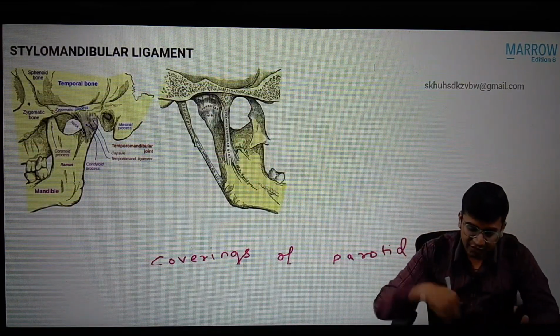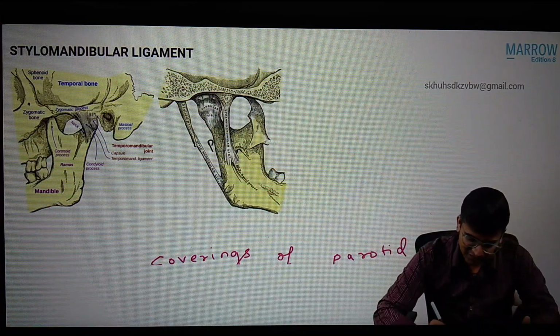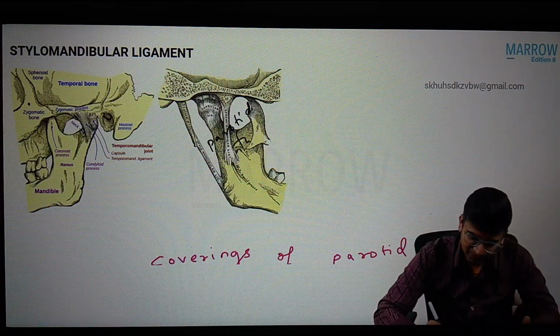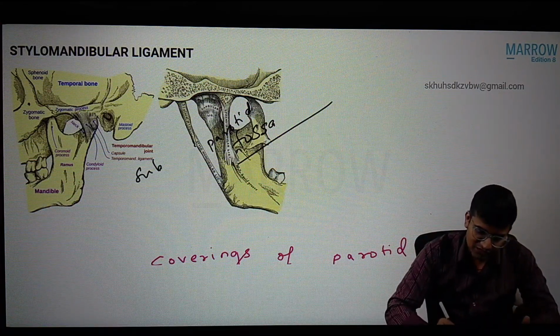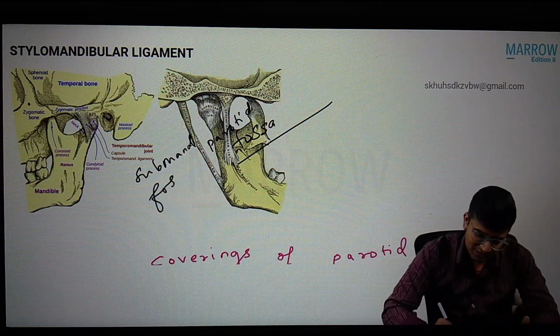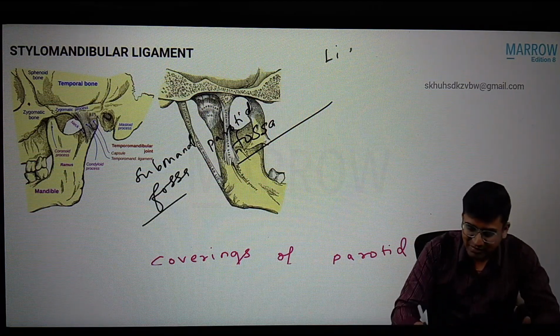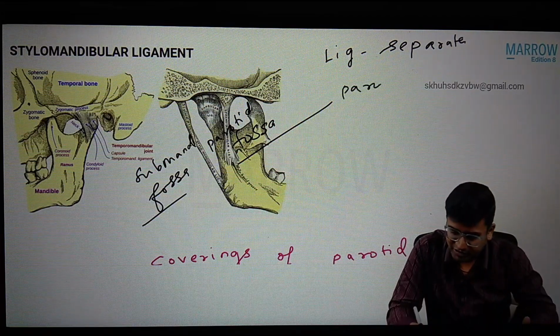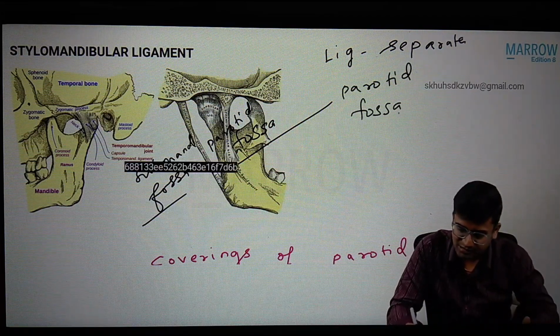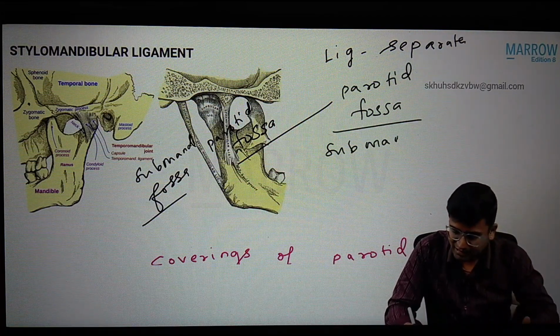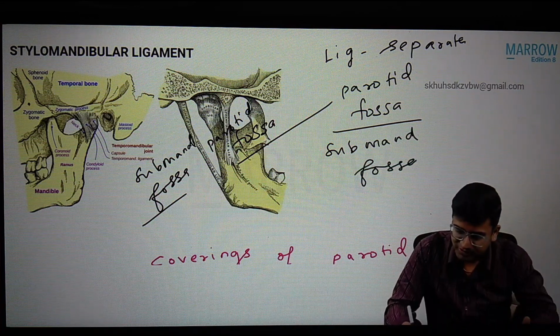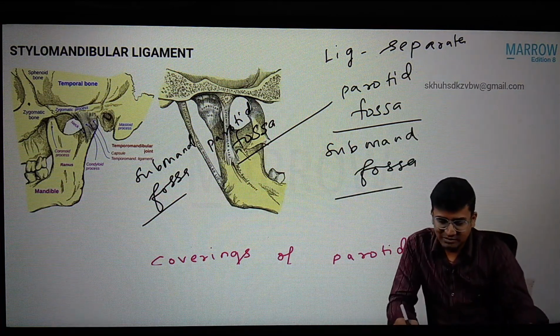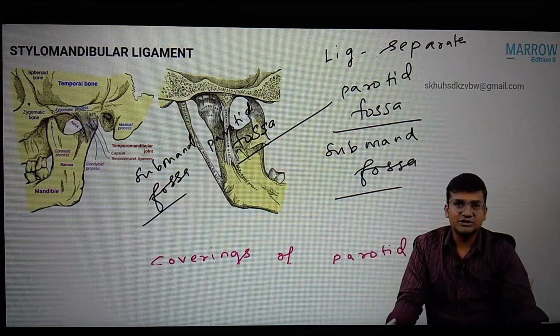Above this ligament is the parotid fossa, and below is the submandibular fossa. So this ligament separates the parotid and submandibular fossa.